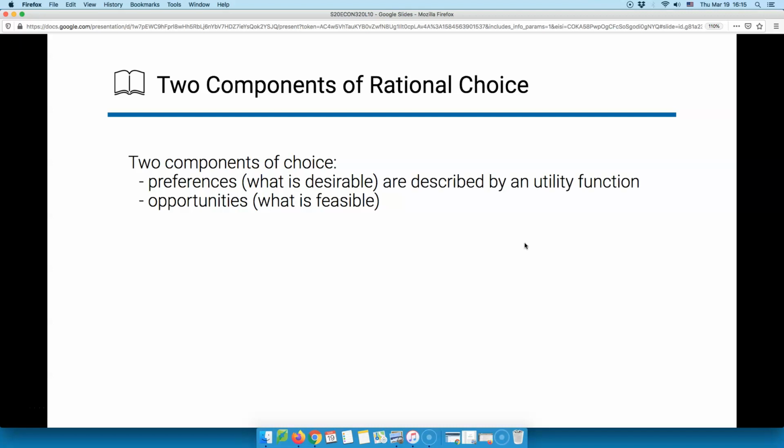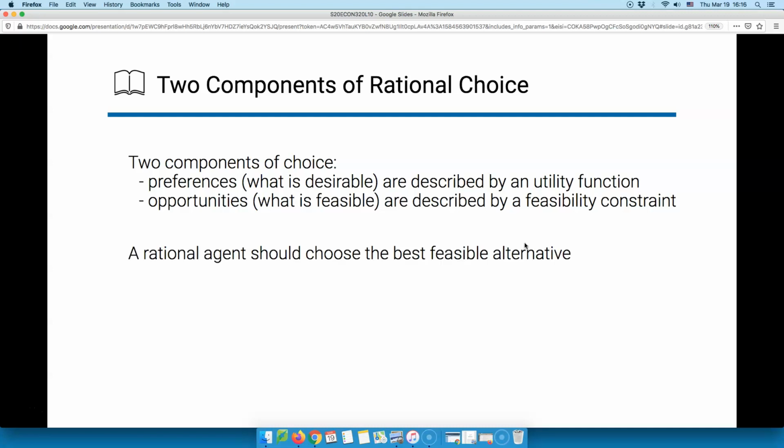Opportunities, on the other hand, would be described by some kind of a feasibility constraint, what you can get from the set of all possibilities. And given these two components of choice, what's left is to introduce the choice rule. The optimal choice for a rational agent would be to choose the best feasible alternative.